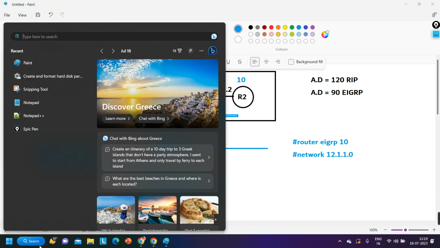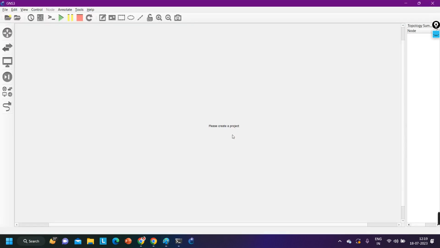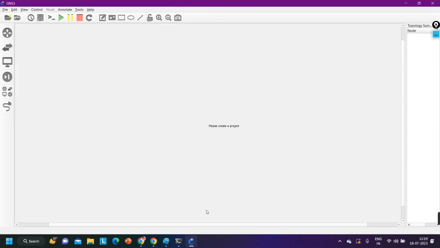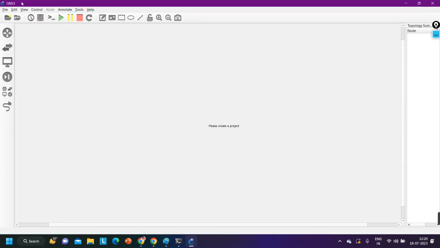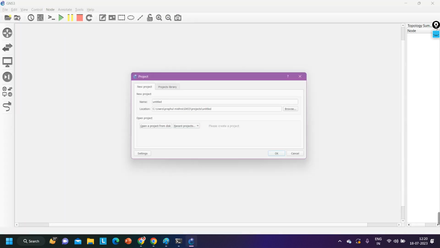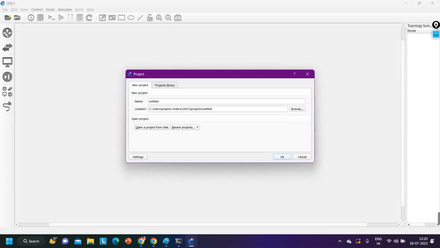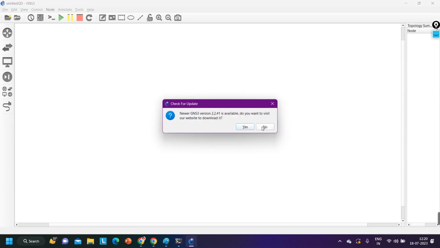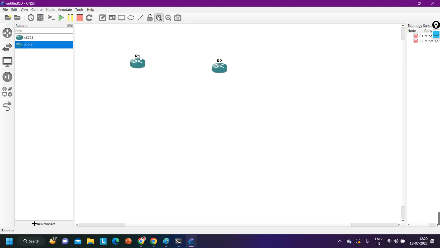Let me show you. This is the concept of EIGRP, how EIGRP works. Let's say I have two routers.